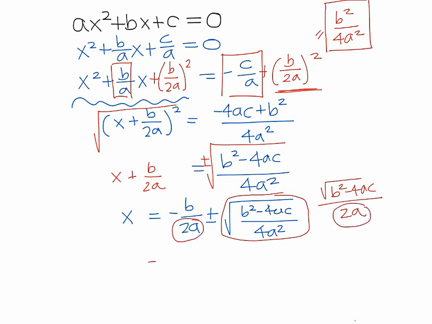Now we can combine those two fractions together with the common denominator of 2a. On the numerator, we have negative b plus or minus the square root of b squared minus 4ac. That's equal to x. So here we've proven the quadratic formula using completing the square.